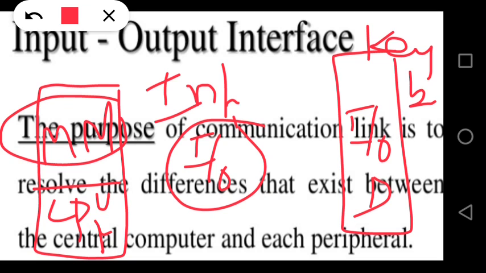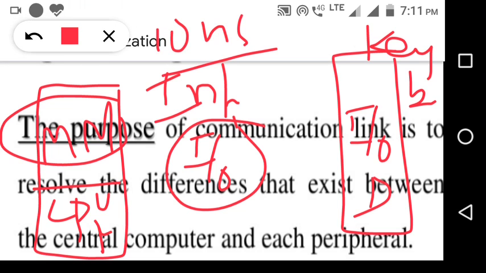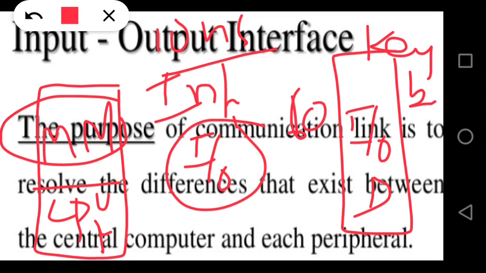If the user enters one word per minute, whereas a memory write operation takes 10 nanoseconds, that is one word per 60 seconds, then there is a speed mismatch. So we need an interface which compensates for the speed differences. This is called IO interface.